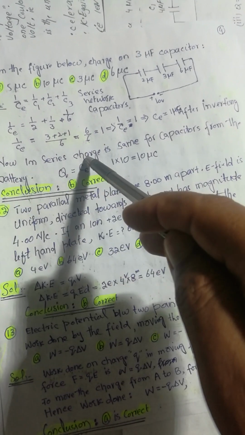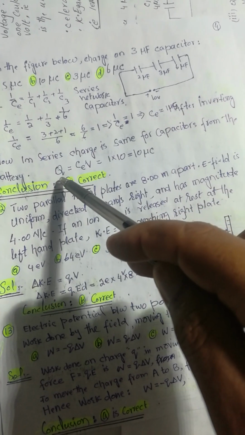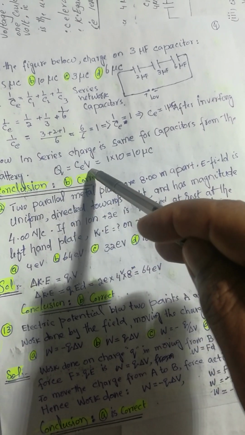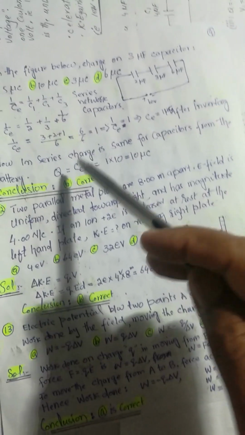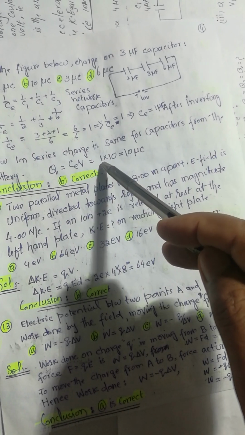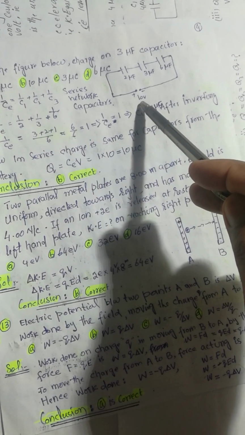So we use the formula Q equals C_eq V. Here C_eq we found as 1 microfarad, and the voltage is 10 volts.